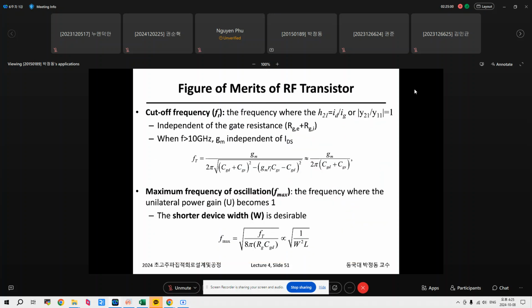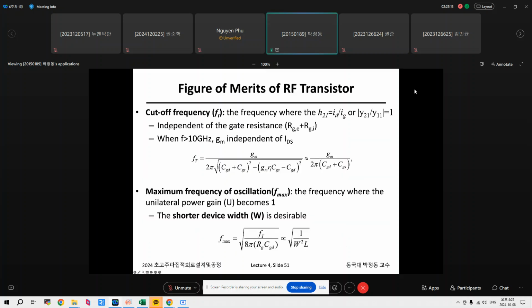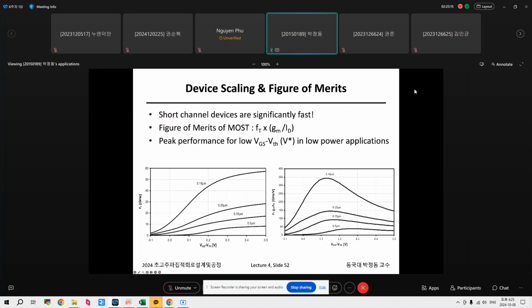As I said before, there are two important figures of merit for an RF transistor. One is the cutoff frequency, which is the frequency where the current gain becomes 1.